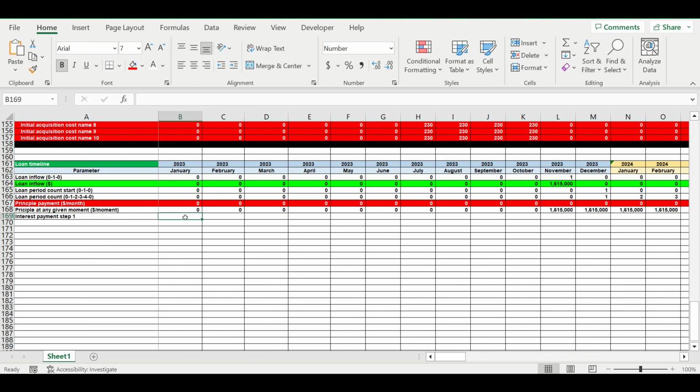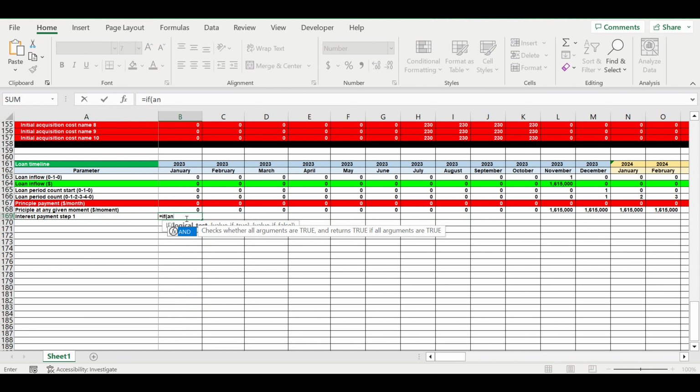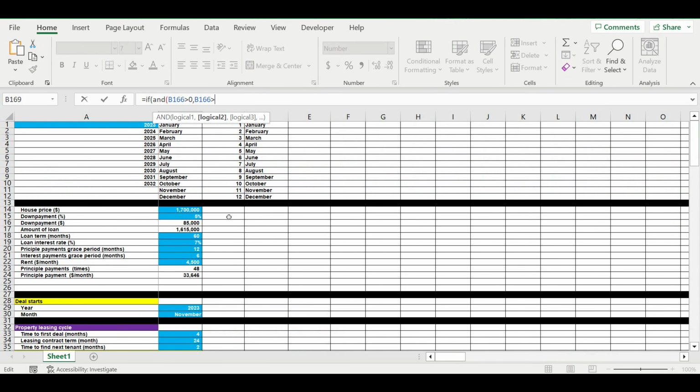The formula will be: if we have a loan period at this moment, so this one is more than 0, and this value is more than the grace period, which is 6 months, we are freezing it.